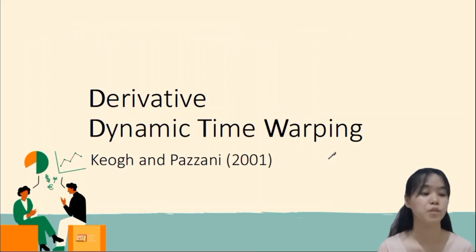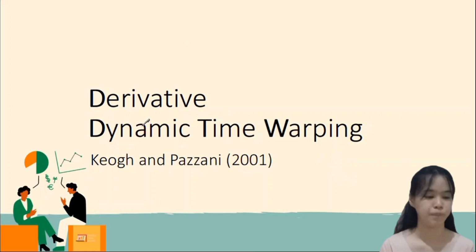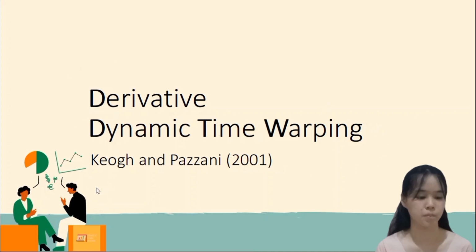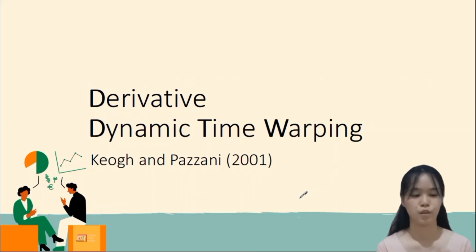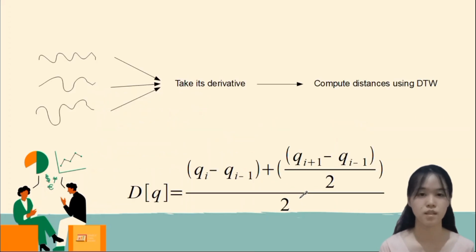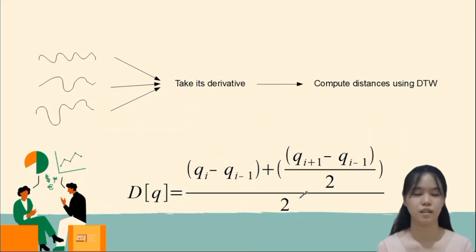Now we're ready to talk about derivative DTW. This method was developed by Keogh and Pazzani in 2001. The name is quite straightforward actually. We take the first derivative of each sequence and then compute the distance of the new sequences using DTW.